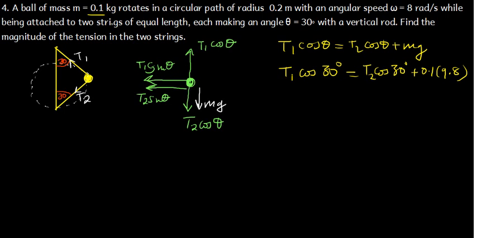So cos 30 is 0.866, multiplied by T1, is going to be equal to, even here cos 30 is still 0.866, but this is T2, plus 0.1 multiplied by 9.8, that is going to give us 0.98.